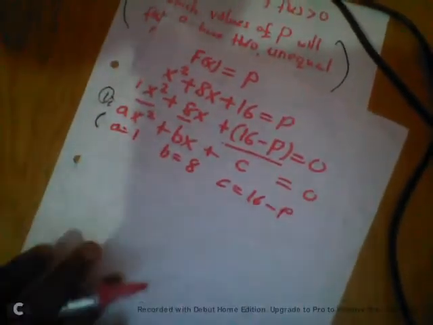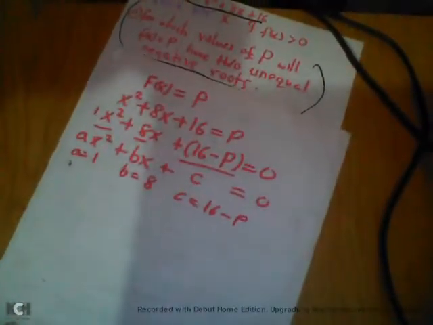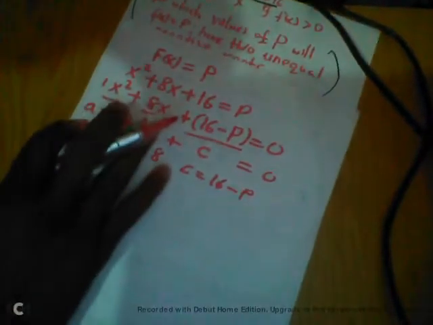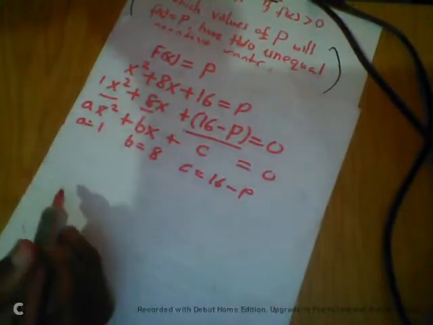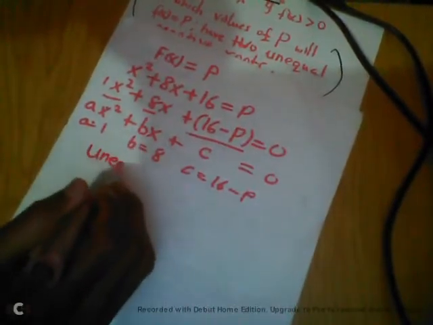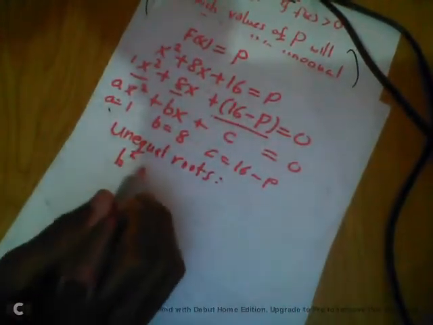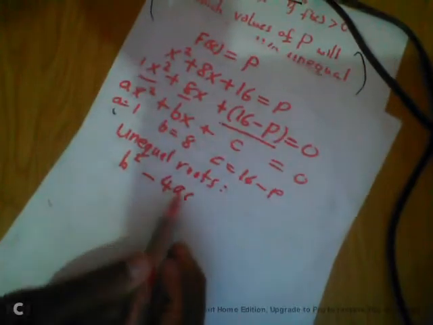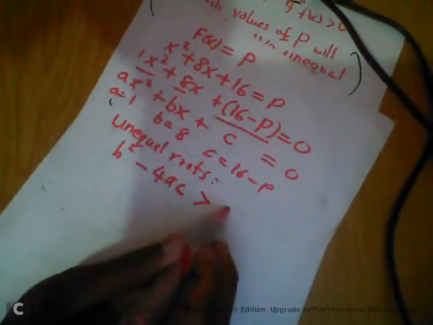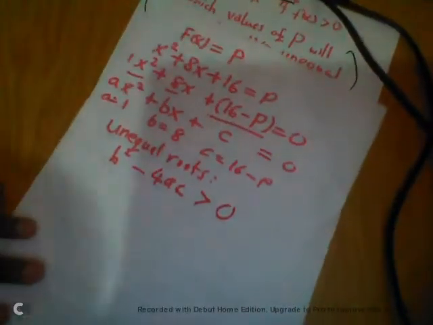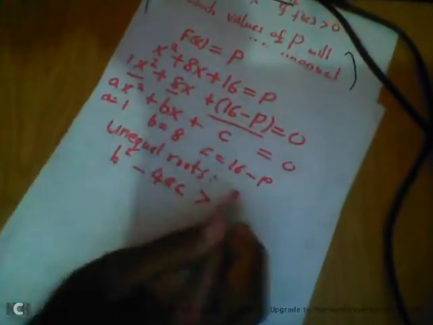Okay, so we know from the question it has two unequal negative roots. For unequal roots, from the previous lesson, b squared minus 4ac has to be greater than 0 for two unequal roots.